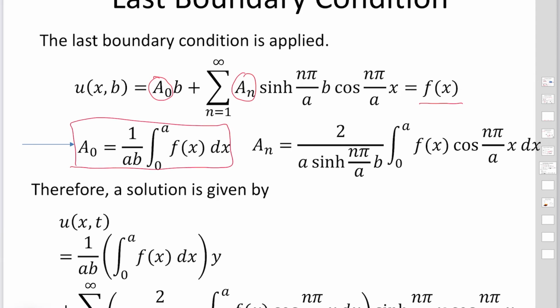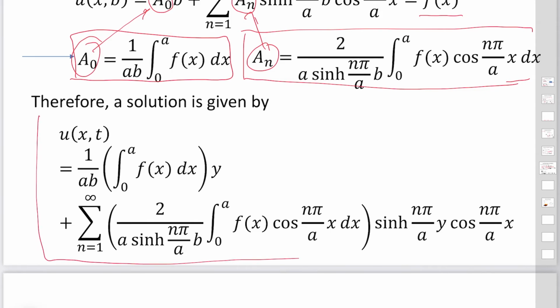Then by multiplying by cosine of m pi over a x on both sides of the equation, you can find a sub n. We use the same method to determine a sub n in the wave equation and the heat equation. Once we discover a sub 0 and a sub n, the solution for the Laplace equation is expressed like this.